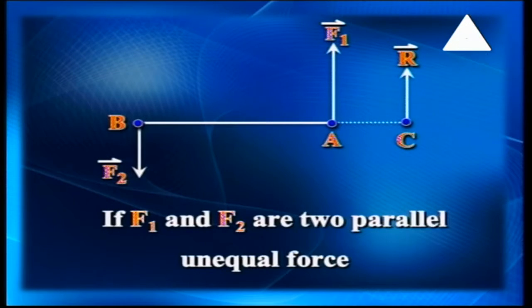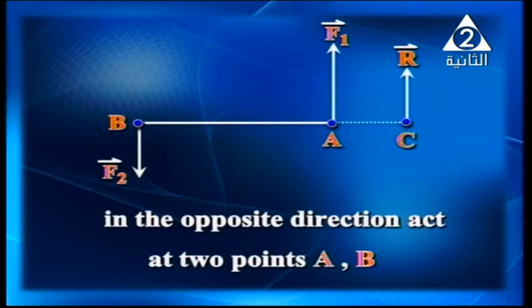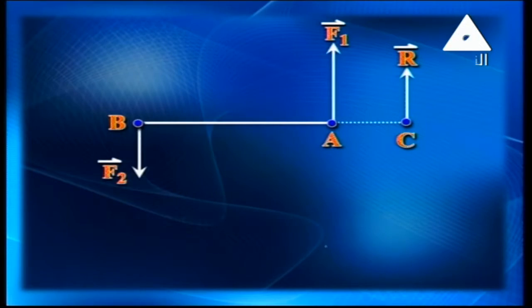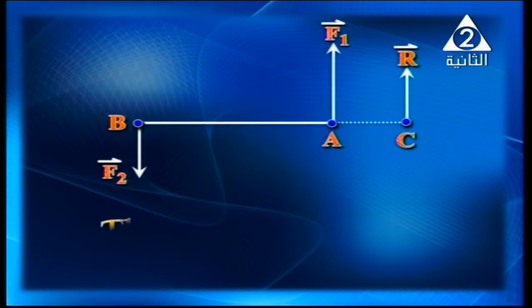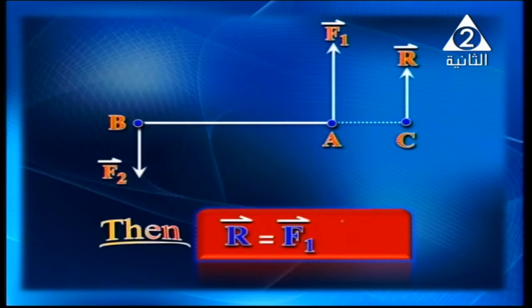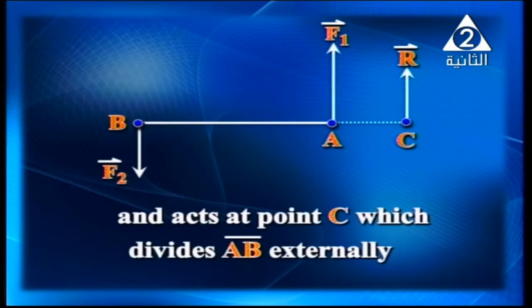F1 and F2 are two parallel unequal forces in opposite directions, acting at two points A and B on a rigid body, and the resultant is R. Then R equals F1 minus F2. My dear student, it acts at C. What acts at C? R, which divides AB externally.